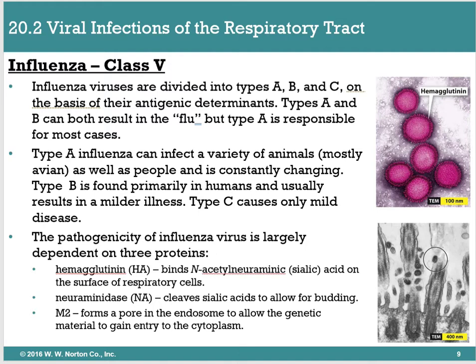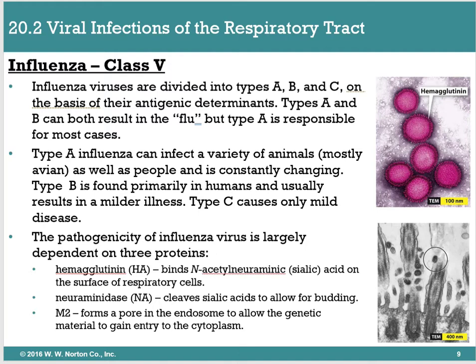So for example, let's say that the influenza virus was deficient in the NA protein. That's actually really good for the host, because if the virus is unable to leave the host cell, it cannot continue on infecting other cells. And in the same case of the HA protein, if there's no HA present, then there's no binding.